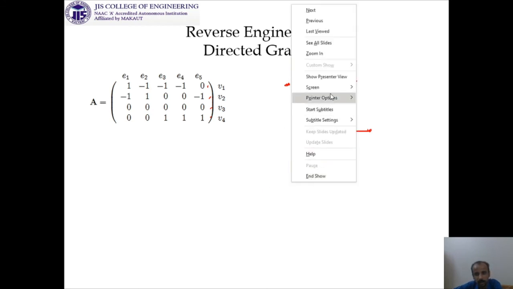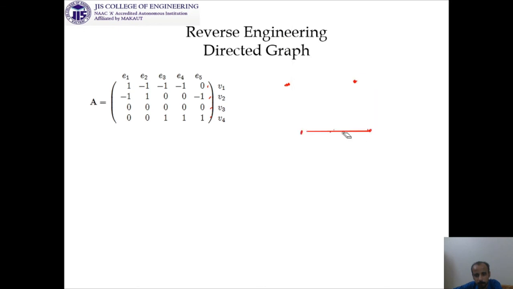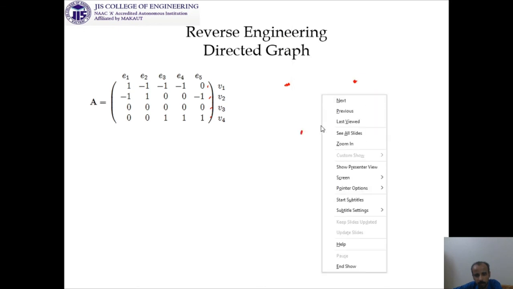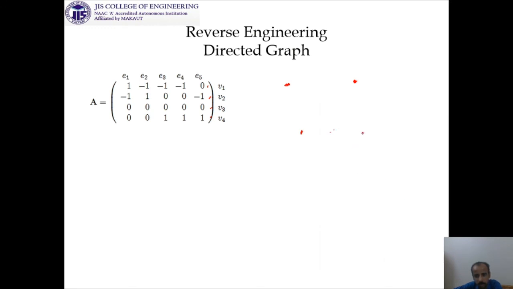After that your job is to just find out the positions, and suppose you give the name V1, V2, V3, V4. Now E1, 1 and -1. So it is clear that E1 will connect V1 and V2. Very good.